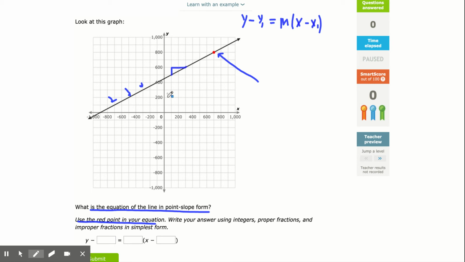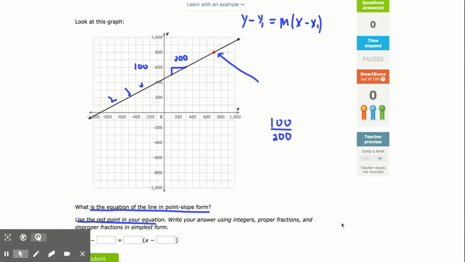But now, according to the scaling, that looks like I'm going up 100 and I'm going over, scaling this way, yep, 200. So again, my slope is rise over run. So my slope is 100 over 200, but that reduces obviously to 1/2. So I know my slope is 1/2.